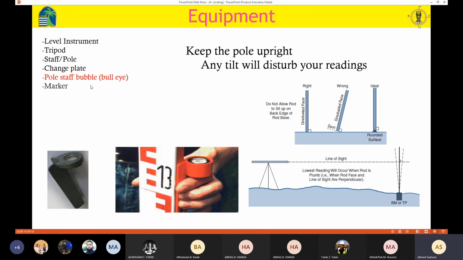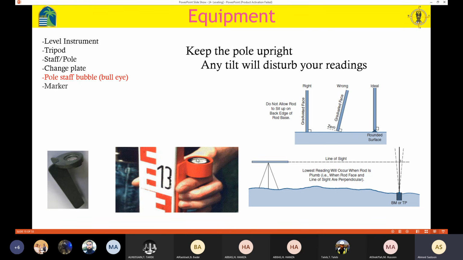Also, we have the staff bubble, or the bull's eye. This one here, you need to understand this. The staff should be put upright. So in order to make sure that the staff is perfectly upright, you are going to use this staff bubble.